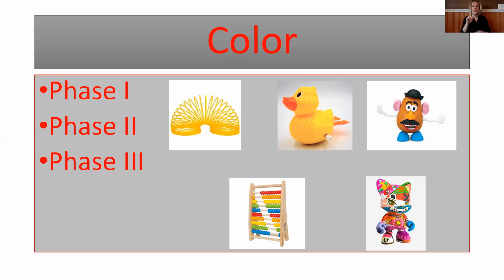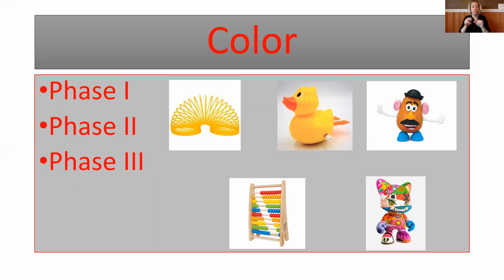We're only using objects. And so our students in phase 1, again, single colors. Moving into low phase 2, 2 or 3 colors perhaps. And as we're moving up the range, we can see that our students are beginning to look at objects of multiple colors and of simple patterns or more complex patterns as they move into phase 3.